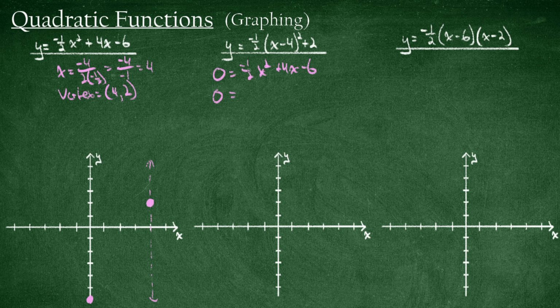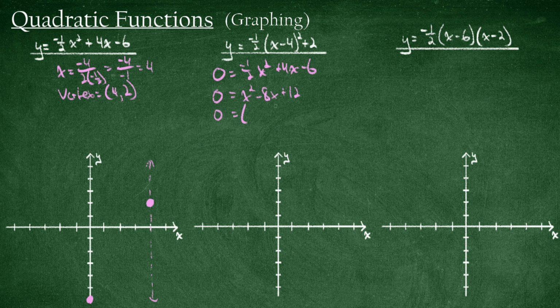Negative 2 times negative 1/2 is positive 1, to give me x squared. Negative 2 times 4x is negative 8x. And then negative 2 times negative 6 is plus 12. All right, so this just became a lot easier for us, right? By taking out that fraction by multiplying everything by negative 2.